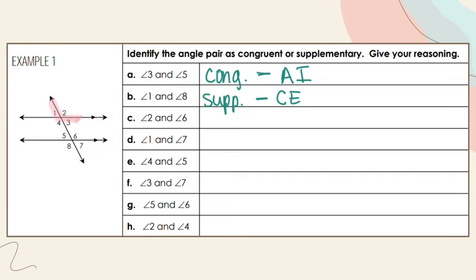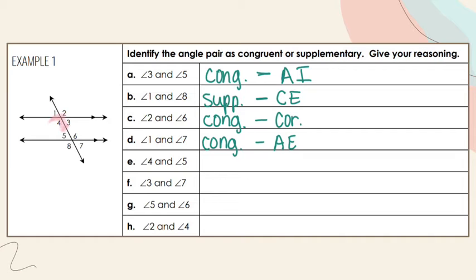Angle 2 and angle 6 are going to be congruent. The reason they are congruent is because they are corresponding angles. Angle 1 and angle 7 are going to be congruent. The reason they are congruent is that they are alternate exterior angles.